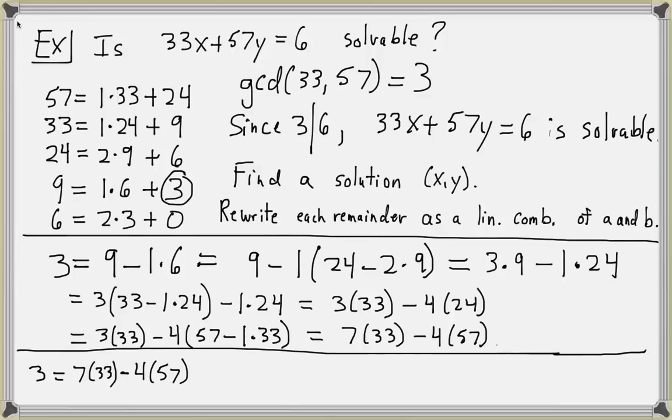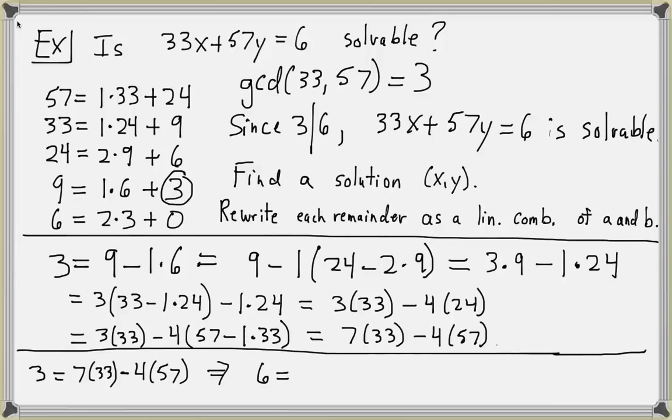But we wanted to find a solution, an integer linear combination of 33 and 57 that equals 6. Well, if I just multiply both sides of this equation by 2, I'll get 2 times 3 is 6.